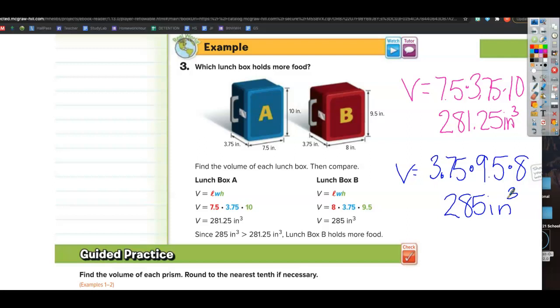What's the original question? B, because we can fit 285 inches cubed in this one, and this one only holds 281.25. So we would say lunchbox B. Questions? 1 through 4 on that same page. Stand quietly when you're done.